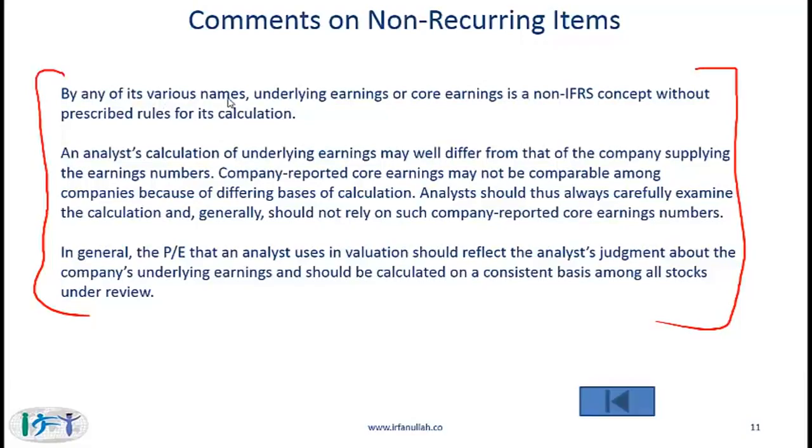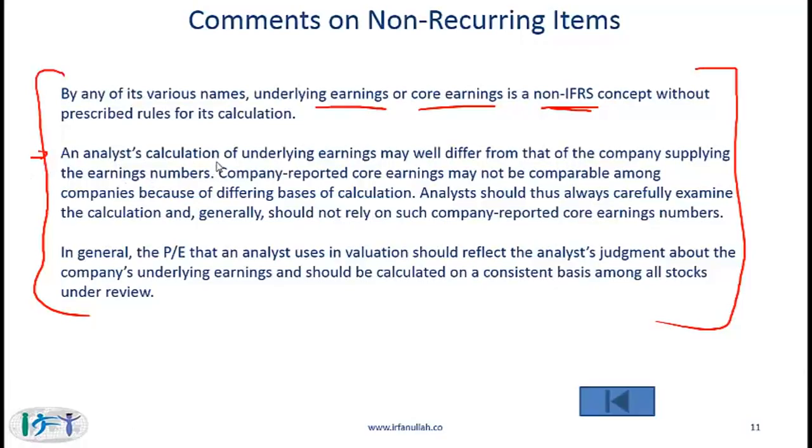By any of its various names, the underlying earnings or core earnings is a non-IFRS concept without prescribed rules for its calculation. So a company obviously might have an incentive to show high earnings. So it might classify items as non-recurring, which are not really non-recurring. You as an analyst need to be careful about that, and specifically here is what you do.